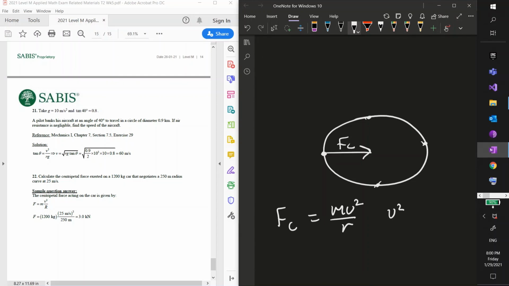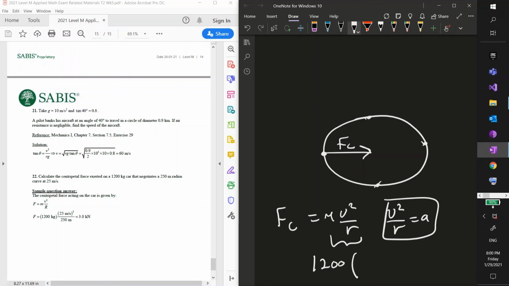V squared over r is equivalent to your acceleration, so in other words, this is just ma. Looks familiar, right? Now you just substitute the numbers. It's quite straightforward. Over the radius, which is 250, you get about 3,000, which is just 3 kilonewtons.